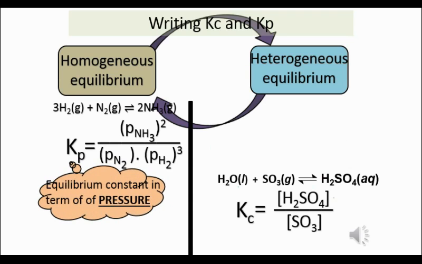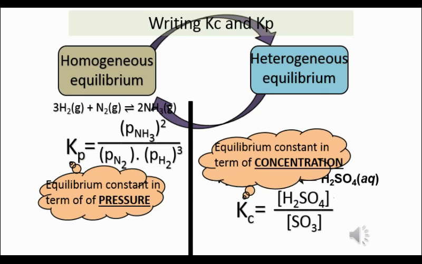As a summary, in this slide, you already know how to write the equilibrium constant in the form of pressure, Kp, and the equilibrium constant in the form of concentration, Kc. Now it comes to the end of the slide.